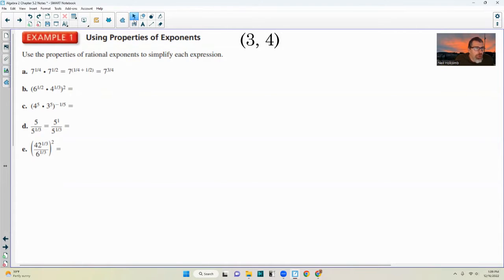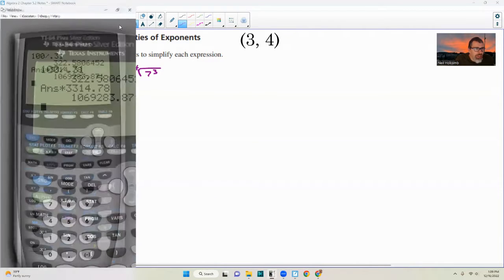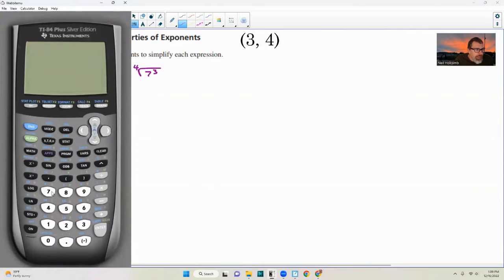And we could probably go a little bit further than that. So that's going to equal, think of that as the 4th root of 7 cubed. That's what it means. So if I get my calculator out, those numbers can get fairly large fairly quickly. If I take 7 to the 3rd power, that is 343. And then if I take the 4th root of 343, do I get a rational number is the question.